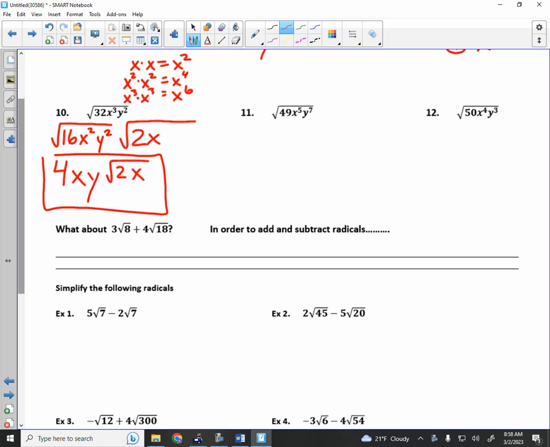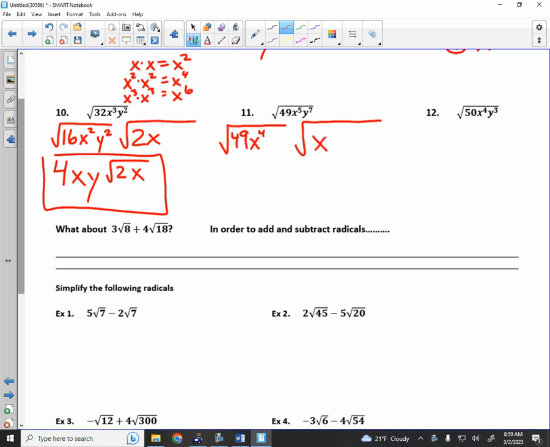For number 11, I noticed that 49 is a perfect square, but x to the 5th is not. So I'm going to set up two roots. Since 49 is a perfect square, it goes here. Is x to the 5th a perfect square? No, so I reduce it to x to the 4th. So what do I need to put over here?